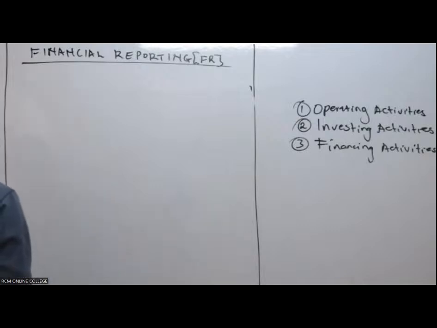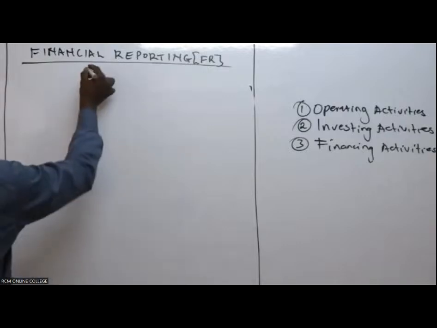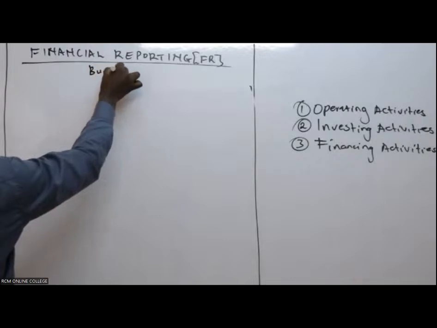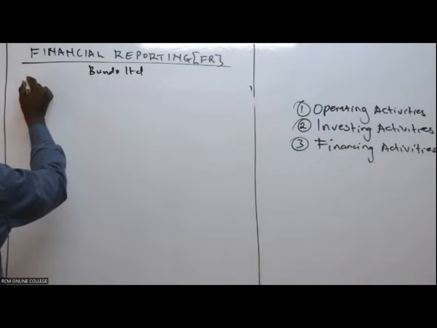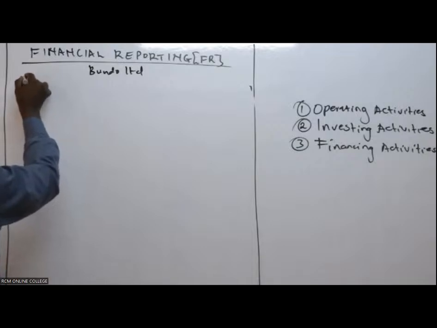Huyu anaitwa aje? Bondu. Ni Bondu ama ni Bandu? Huyu jina yake inaitwa namna gani jameni? Bundo Limited. Bundo Limited. It is always good to show the examiner that you know the company that you are dealing with.